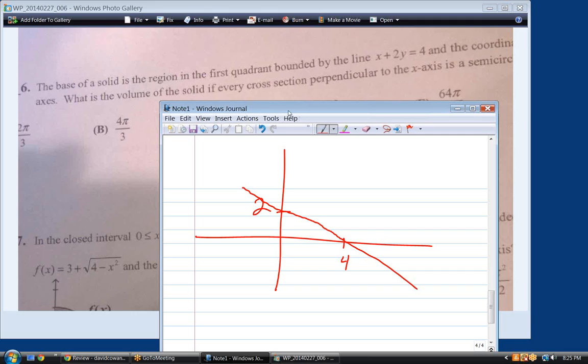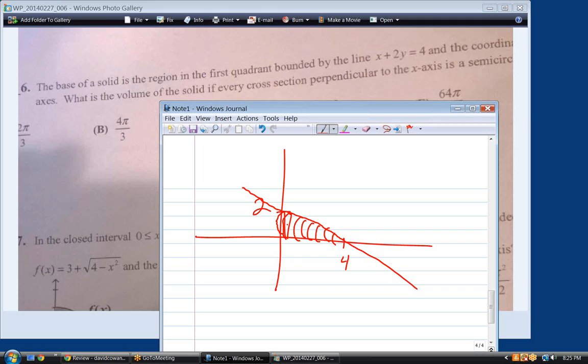What is the volume of the solid if every cross-section perpendicular to the x-axis is a semicircle? So you have a cross-section like that, and then another cross-section, and so forth and so on. They said it's perpendicular to the x-axis, so it's not oriented the other way around. Okay, well, we need to find the area.